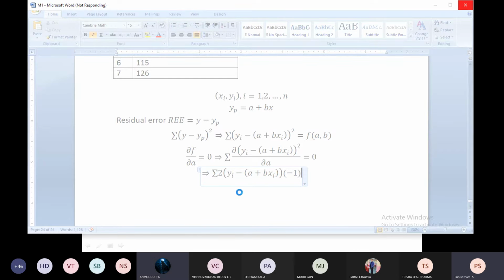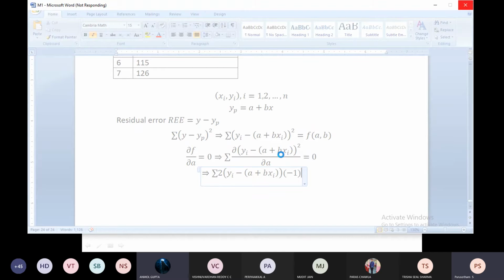Then sigma A, you are adding how many times? n times. So A added n times gives nA, plus B times sigma xi, right?